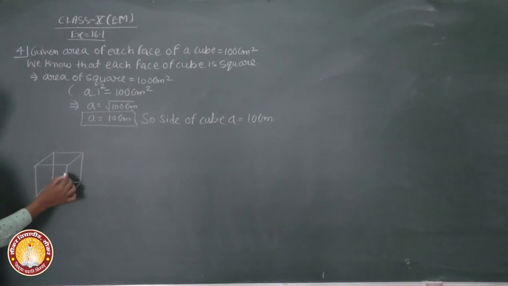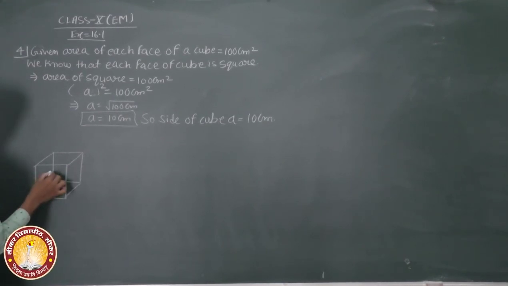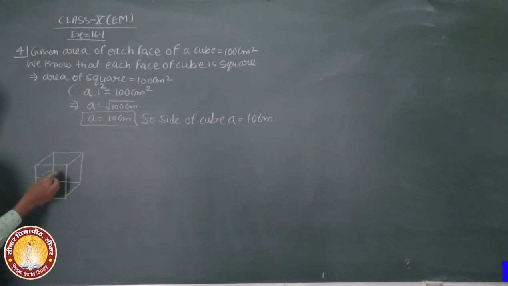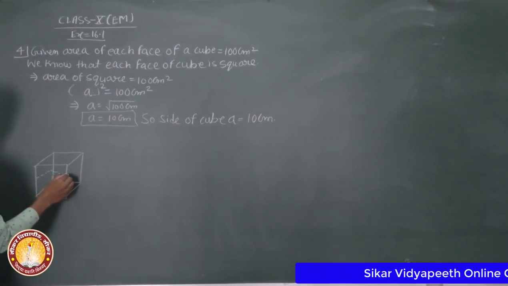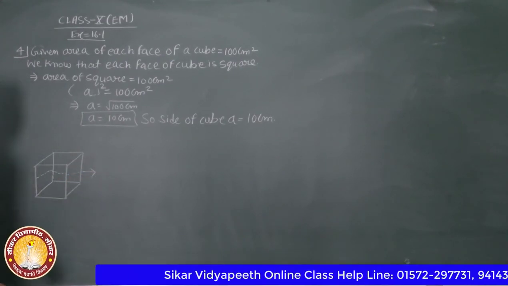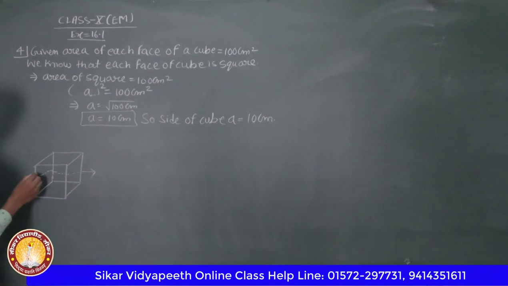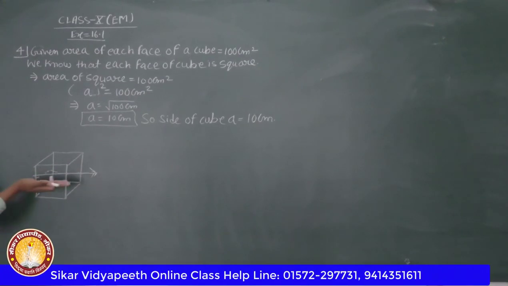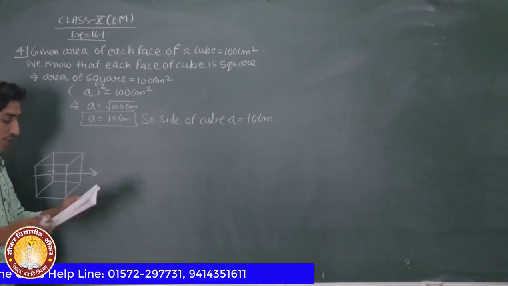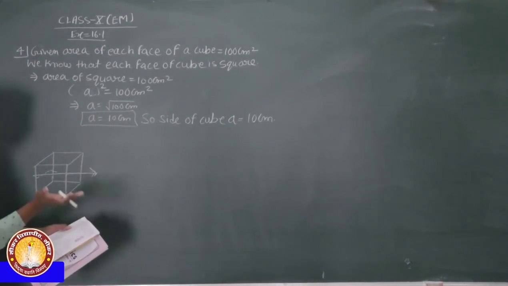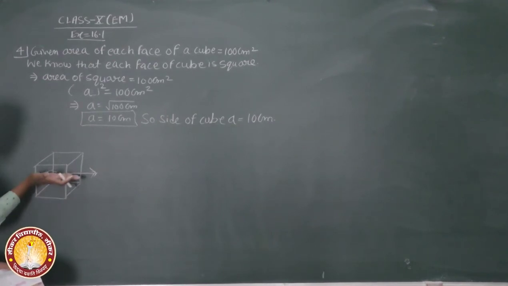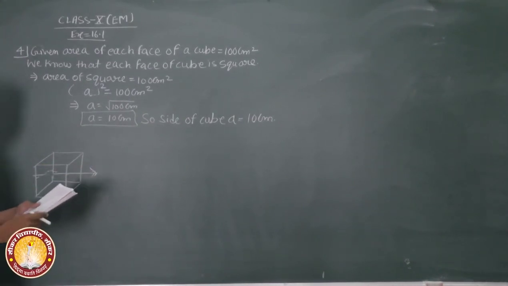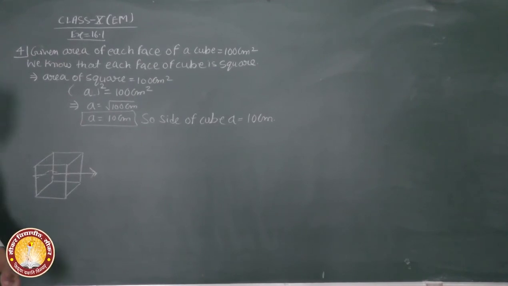If we cut this cube into two equal parts by a plane parallel to the base, then find the total surface area of each equal part.